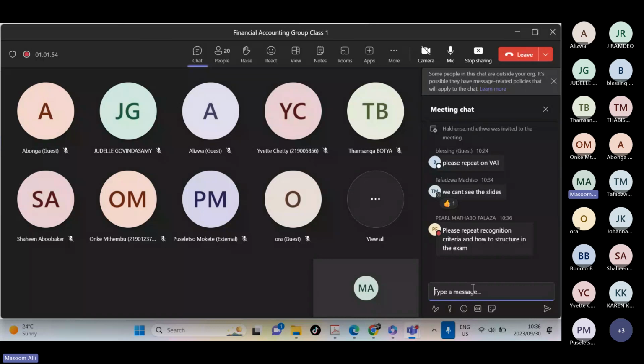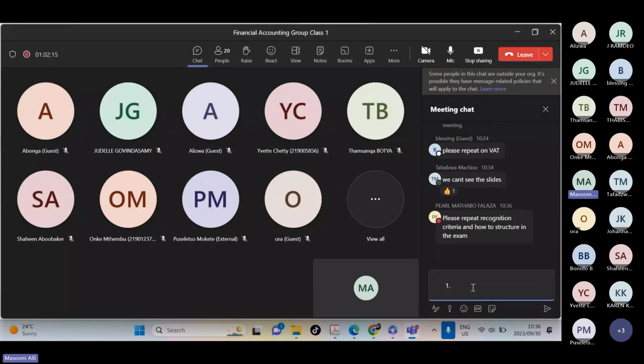So I'm going to follow the same approach now so that you guys can follow in the chat, and you'll see exactly how I suggest you structure your answers. Okay, so cool. Okay, I'll type out. Right, the first thing you want to put down is you would need to say that there are 2 recognition criteria that need to be met.